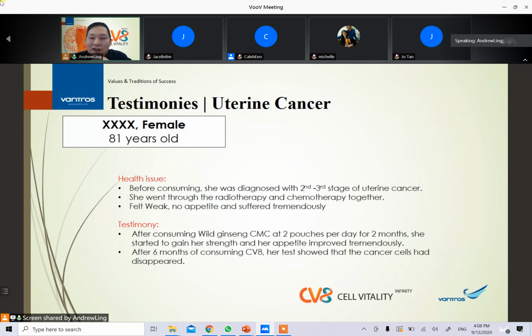A lot of the rare ginsenosides have anti-cancer properties. They also help to reduce the side effects of cancer medication. That is why taking this CMC helps cancer patients as well.